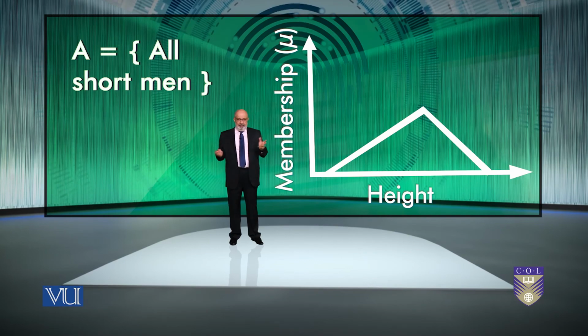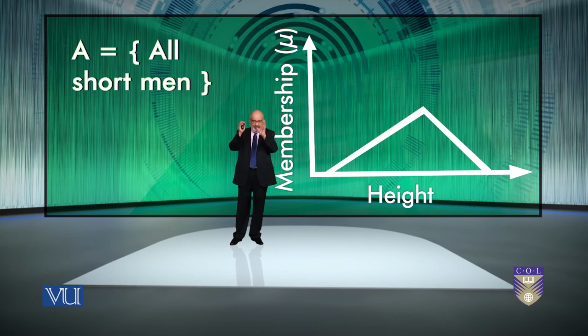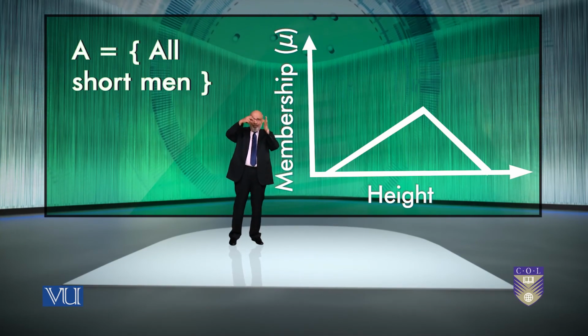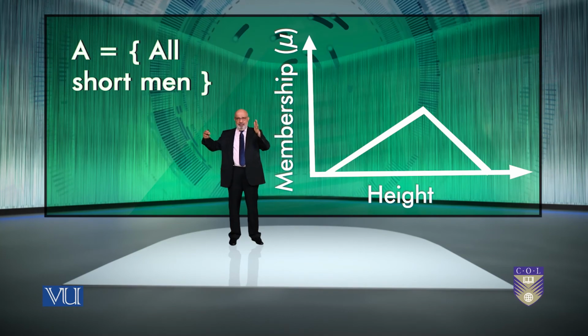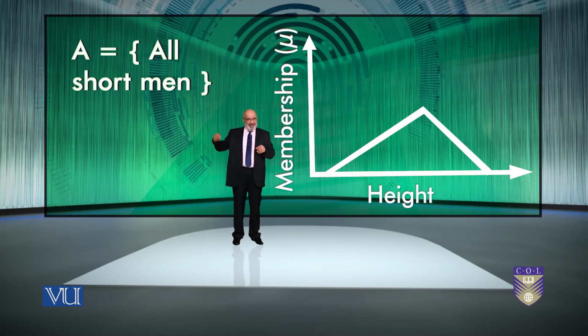So typically, for a large population of men, and we're trying to look at short men, it would be typically called a bell curve, but we represented this as a triangular function. Most people in large populations fall in that category.